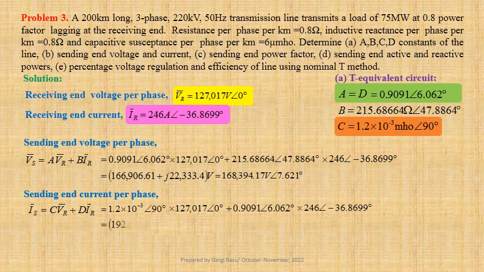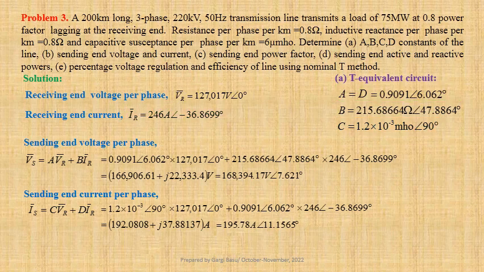That gives us 192.0808 plus j times 37.88137 ampere. This may be written in polar form as 195.78 ampere at an angle 11.1565 degree.